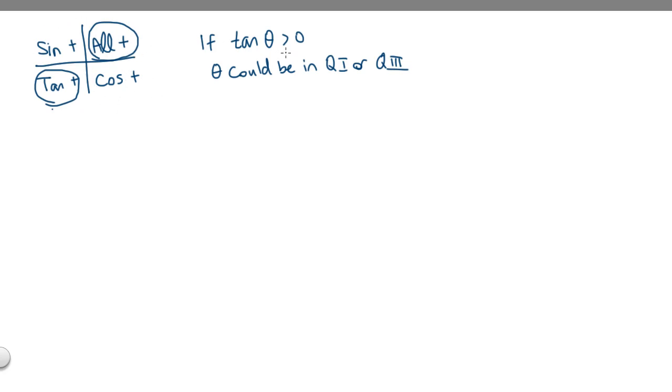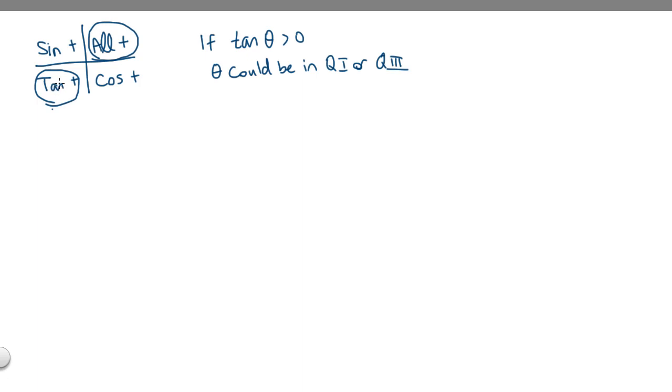So just being given a particular value of tan theta, unfortunately, is not enough to know exactly where our angle lies. But the really nice thing about the function tan is that if tan theta is positive, one of the options is over here in quadrant 1, and the other option is exactly 180 degrees bigger.